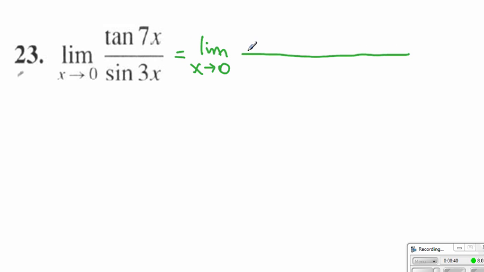So I'm just going to put a long line here. This becomes sine of 7x, and I'm intentionally leaving the bottom blank, over cosine of 7x, times the denominator. Here we had a sine of 3x.